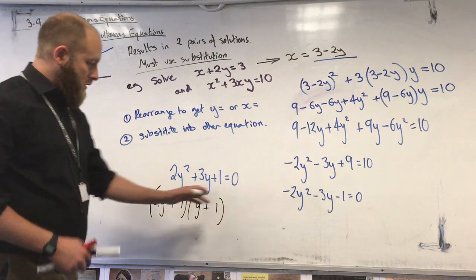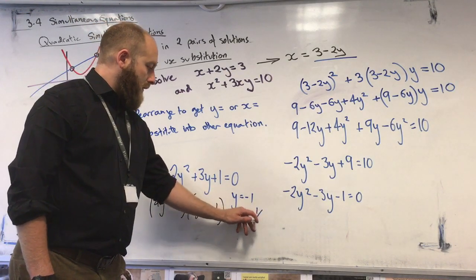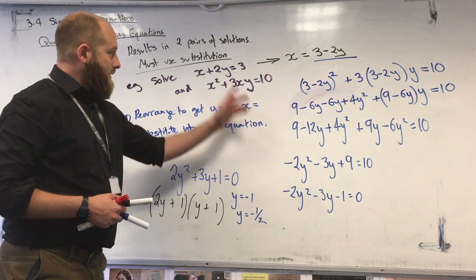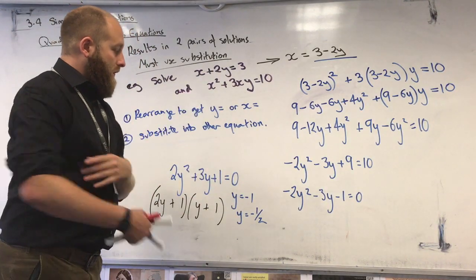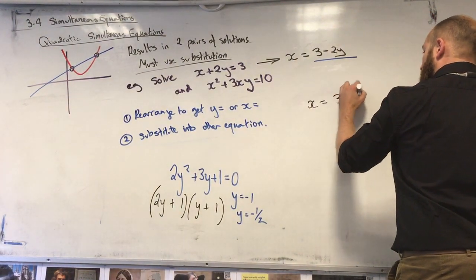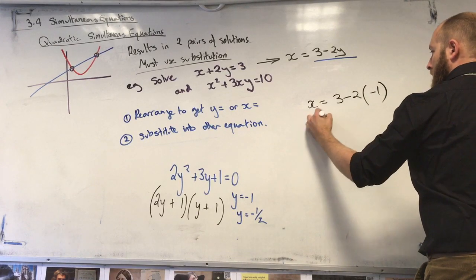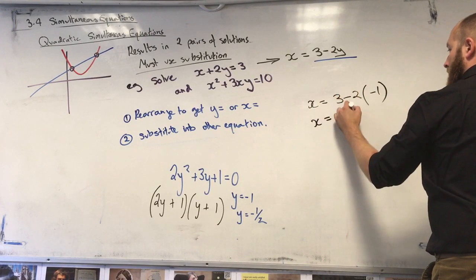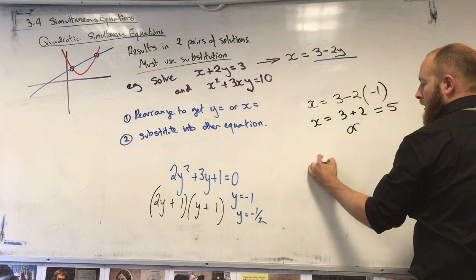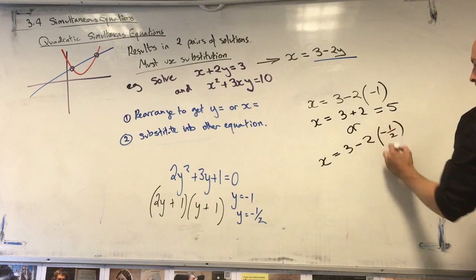So our solutions are going to be y equals minus 1 and y equals minus a half. And then we can substitute those back into either of these equations in order to find x. So x equals 3 minus 2 lots minus 1. X equals 5, or x equals 3 minus 2 lots minus a half.